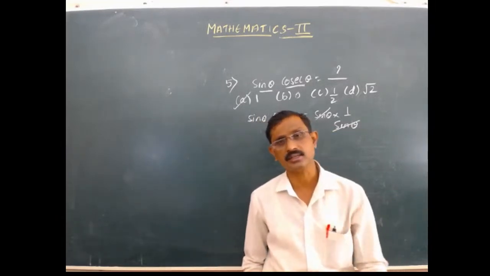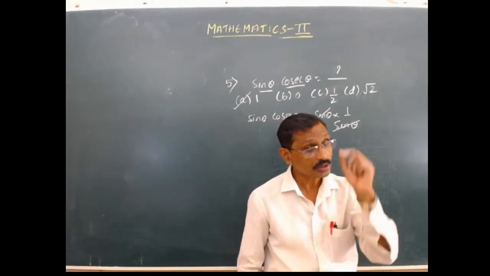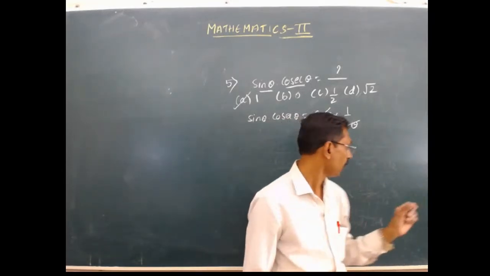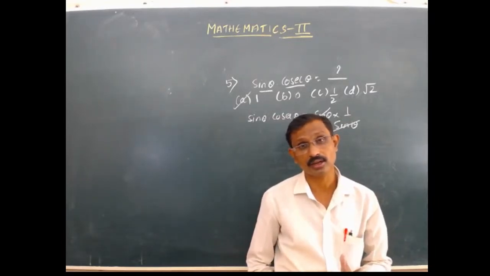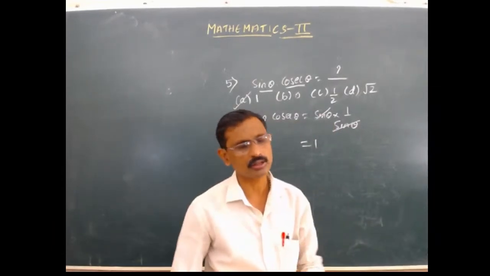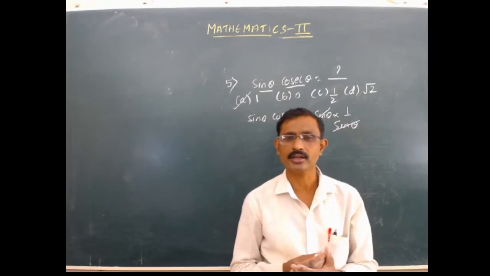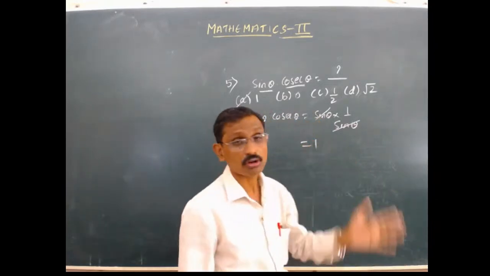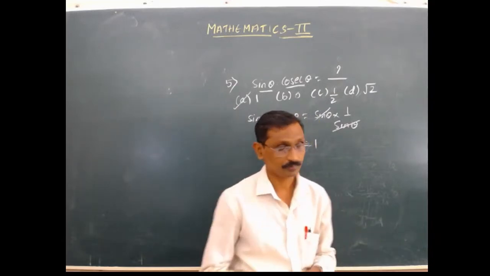The basic concept remains the same. Once you know sin square theta plus cos square theta is equal to 1 or one or two identities, you can solve many problems related to trigonometry.